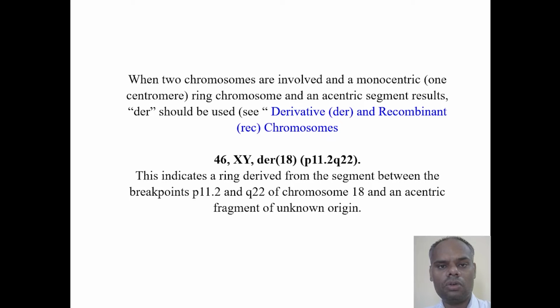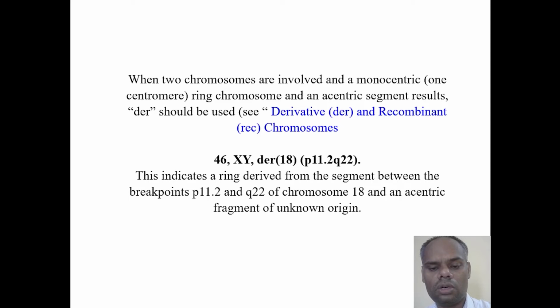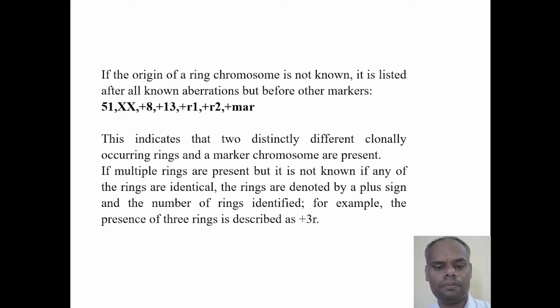When two chromosomes are involved and a monocentric ring chromosome with one centromere and an acentric segment result, DER should be used, also known as derivative (DER) or recombinant (REC) chromosome. 46,XY,der(18)(p11.2q22) indicates a ring derived from the segment between the breakpoints p11.2 and q22 of chromosome number 18 and an acentric fragment of unknown region.